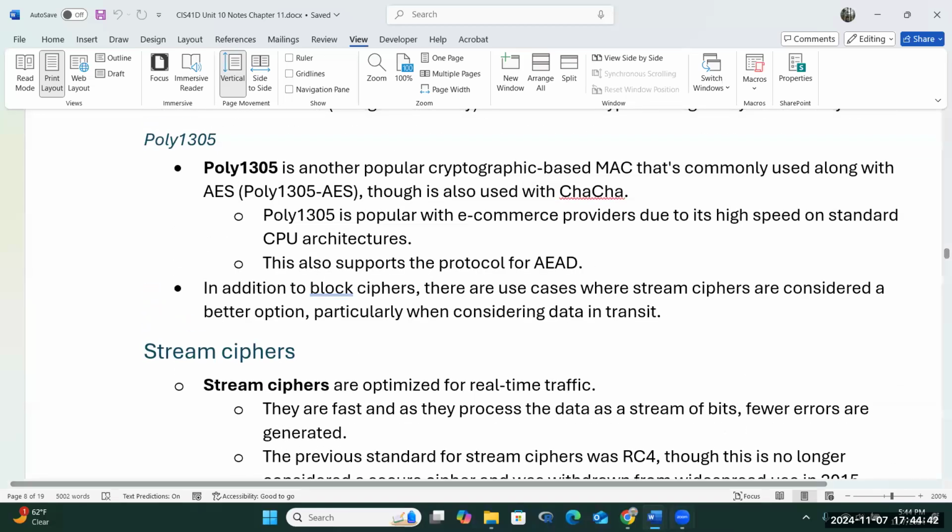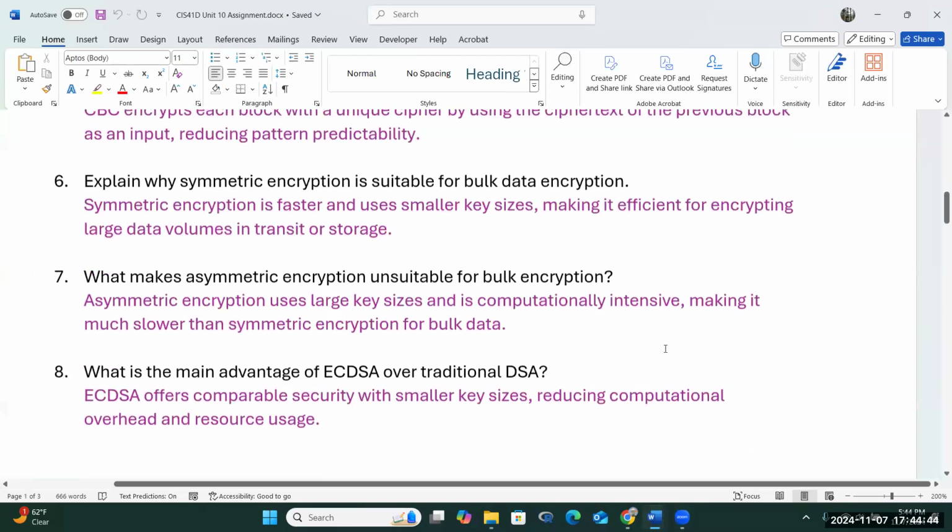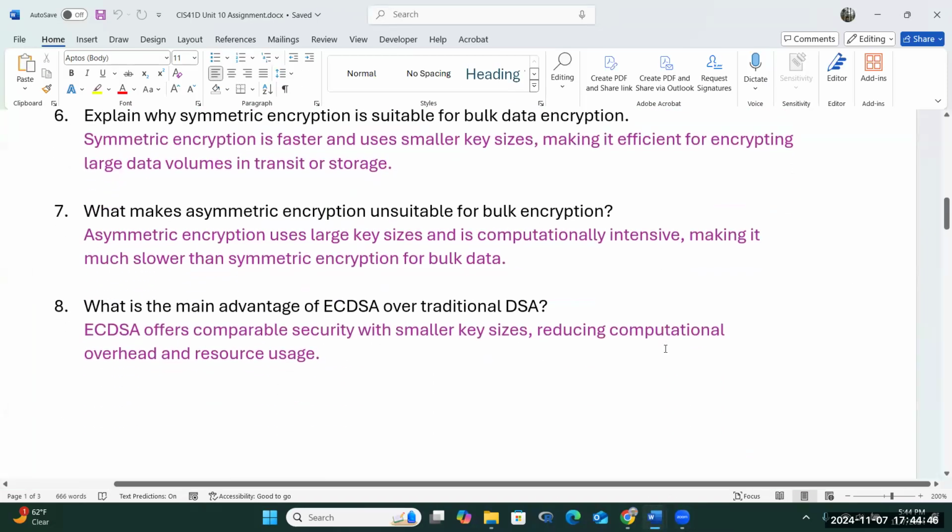Okay, so we haven't gotten here yet, but question 8 asks you, what is the main advantage of ECDSA over the traditional DSA? It is comparable in security, but the size of the key is smaller. That means that there's less computational overhead and resource usage.